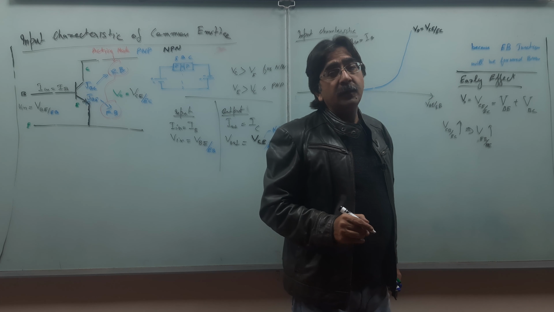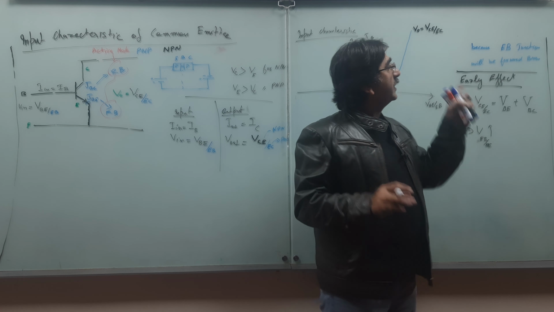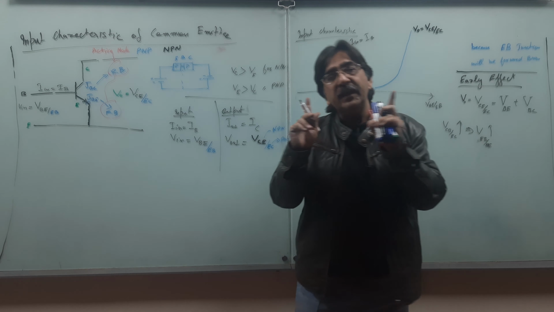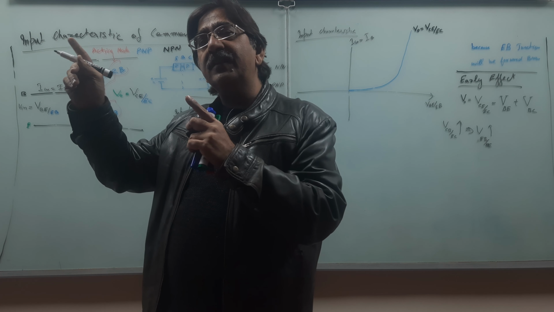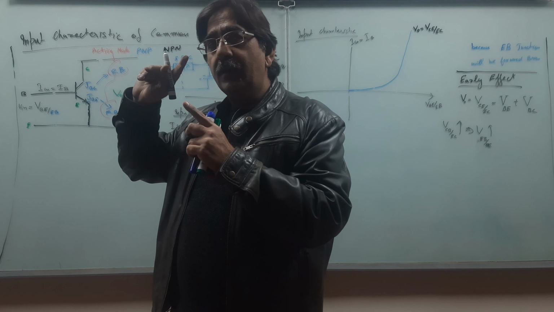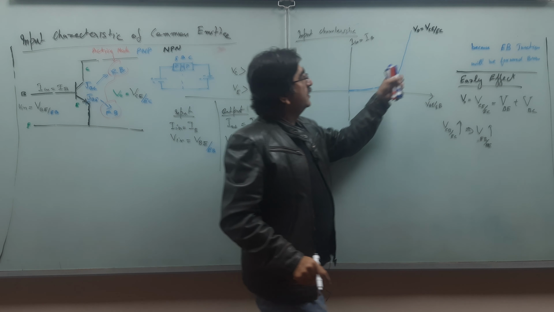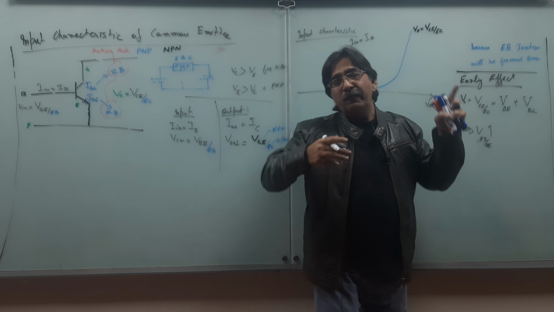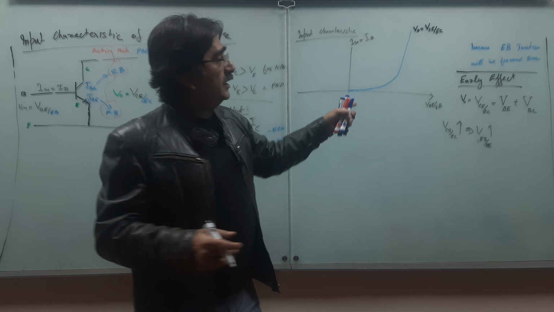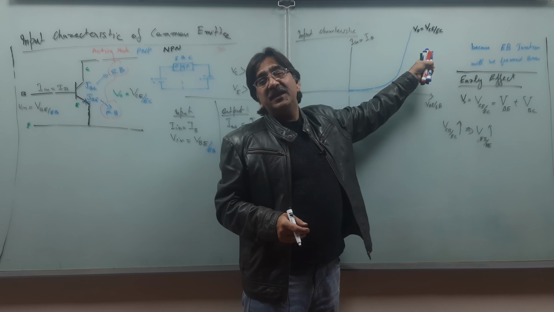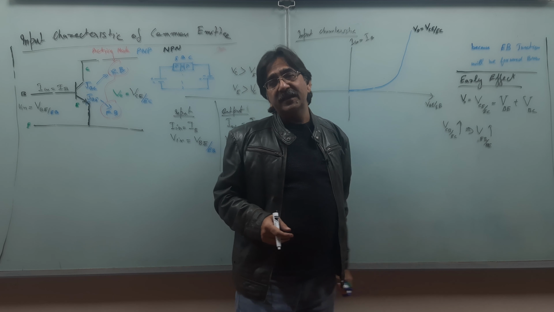If the output voltage is increasing, the input voltage is... I have kept the output voltage constant, but in the case of the common base transistor, I have studied that if we change the output, it has a fixed output value, but what will be the change in the input characteristics?